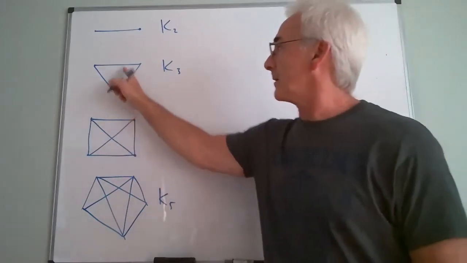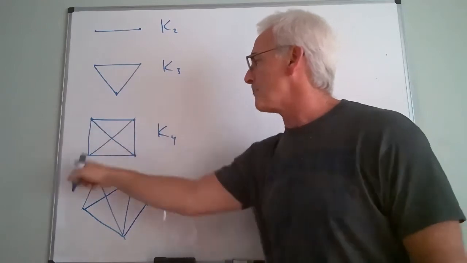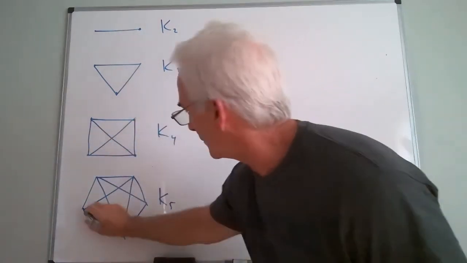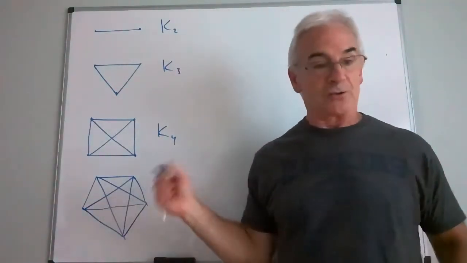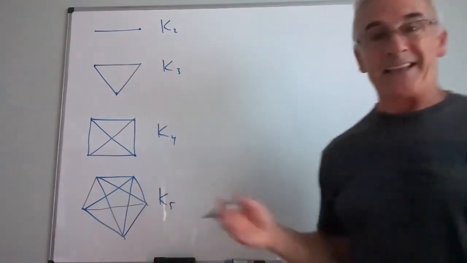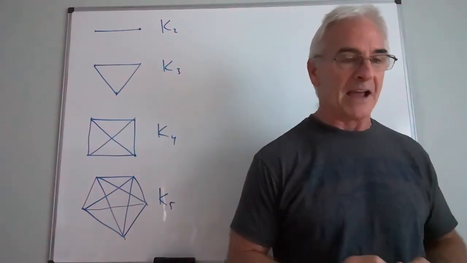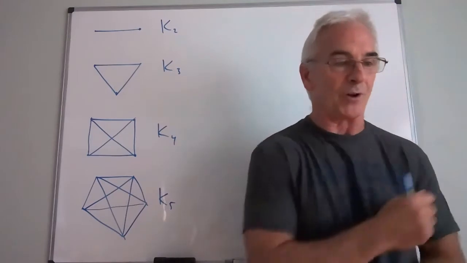So that was pretty simple, but the moment I put a 4th one, there were multiple ways I could connect them. The moment I put a 5th one, I think I left one out here, there's one more there. Every conceivable way I connect them. So that's called Kn. K is actually Kuratowski. You don't need to know that. It's named after somebody who did a lot of work. As the K gets bigger, obviously the graph gets more and more interesting and more complicated.